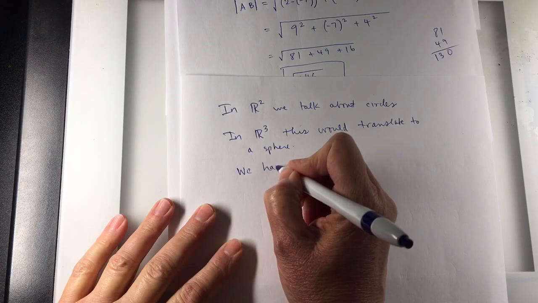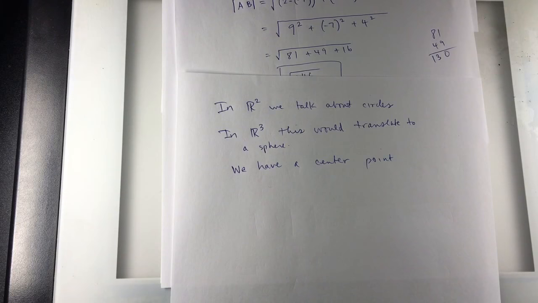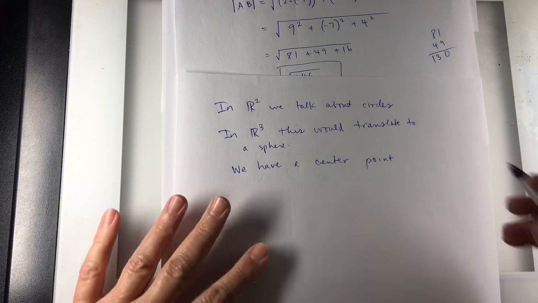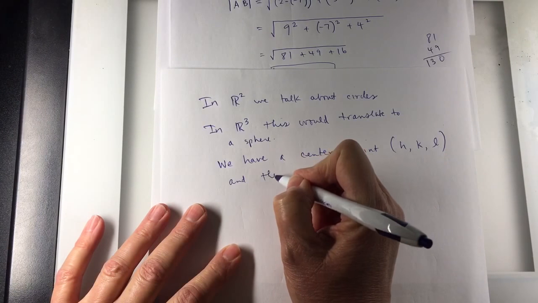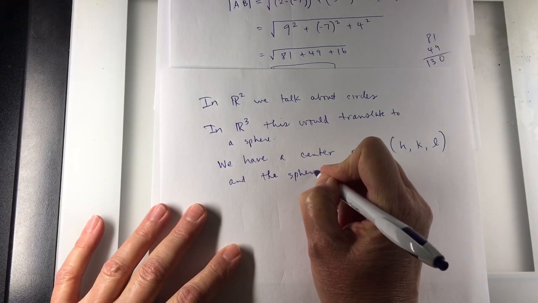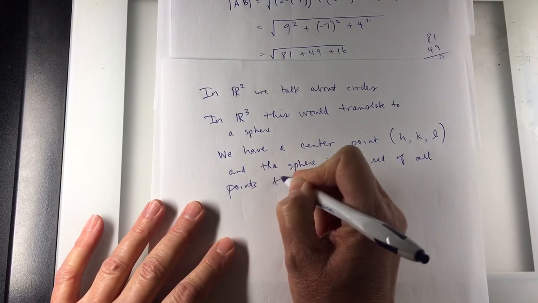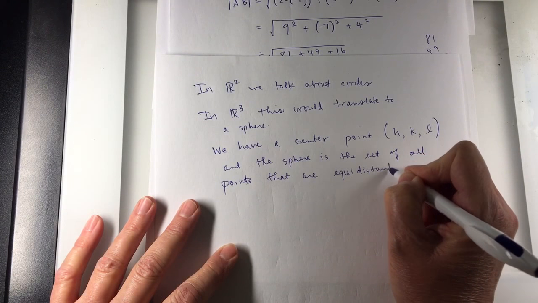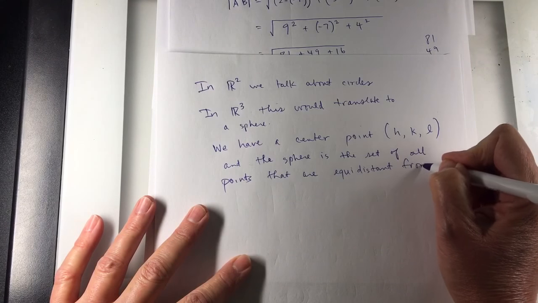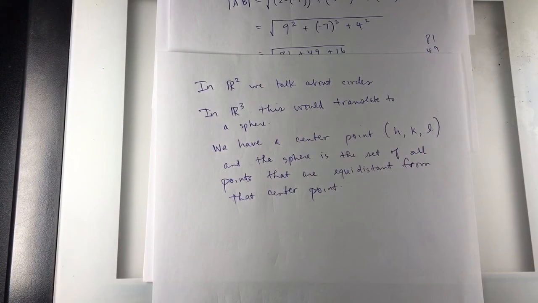So we have a center point, which they call point HKL, the ordered triple, HKL, and the sphere is the set of all points that are equidistant from that point. I don't know if I spelled equidistant right, but oh well, there it is.